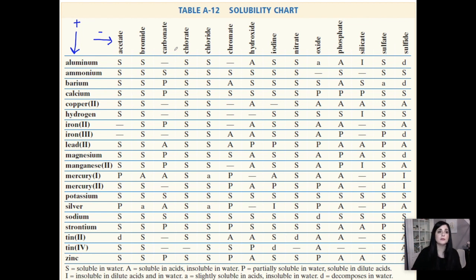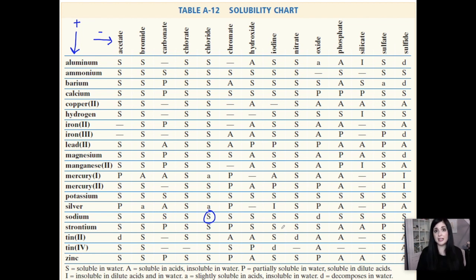For example, if I look up sodium chloride, so I want to know, is sodium chloride soluble or does it dissolve in water? I would go down here and I would find sodium, and then I would go across until I find chloride, and chloride is right here. So there's an S. Now, S doesn't mean solid.